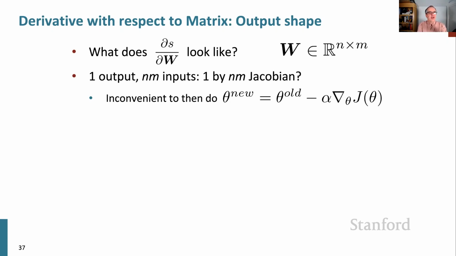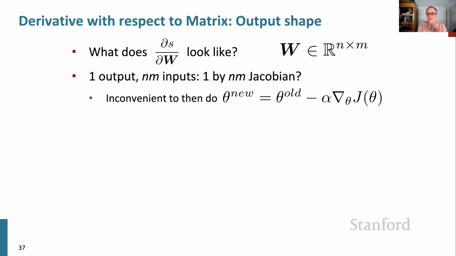So, what should we have for the Jacobian of dS/dW? Well, that's a function that has one output, the score, a real number, and it has n by m inputs. So the Jacobian is a 1 by n by m matrix, i.e. a very long row vector.